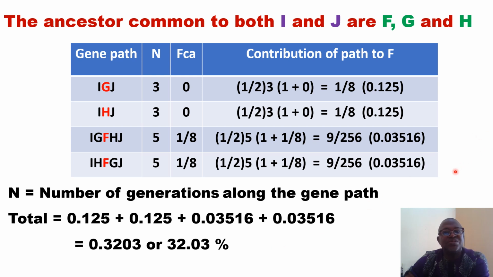I hope we have learned something pertaining to this relationship, and we can actually use it when we are carrying out a breeding program in order to limit the amount of inbreeding that will occur in a particular population because of the inbreeding depression that will set in, with its negative implication.